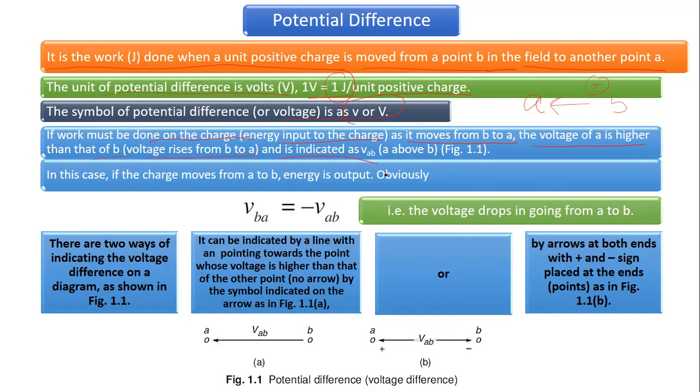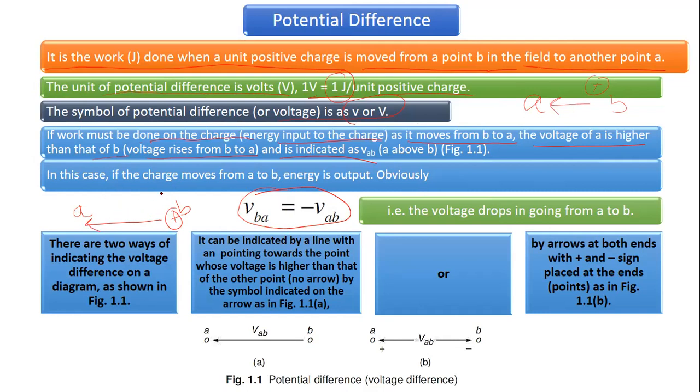Now, what does it mean? How do we indicate the voltage? Let us say there is a point A and then there is a point B. We are moving a charge from point B to point A, and work is done to move this charge from B to A, and we are calling it potential difference.